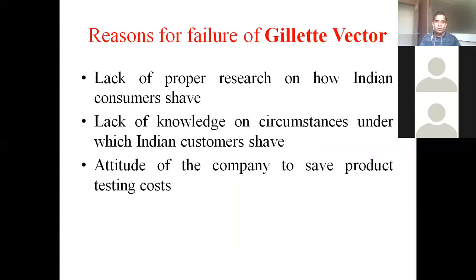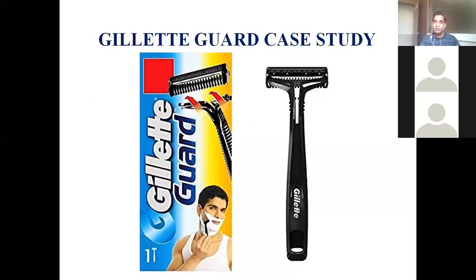Let us say the question asks about reasons. There are two products discussed in the caselet. One is Gillette Vector. Please remember the caselet is about Gillette Guard, so you should have clarity. You should read it very clearly and understand that two products are discussed.